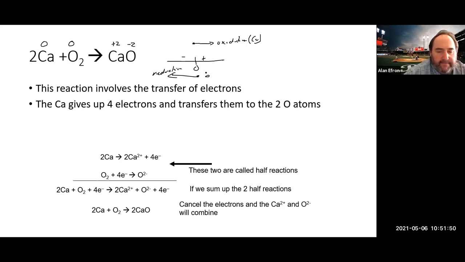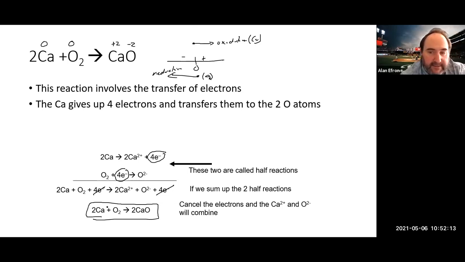And we have our balanced half reactions. Again, same number of electrons on both sides. We could bring everything down. Everything on the left-hand side stays on the left side of the arrow. Everything on the right-hand side stays on the right-hand side. Electrons cancel, giving us our overall reaction that is happening here in this particular case.